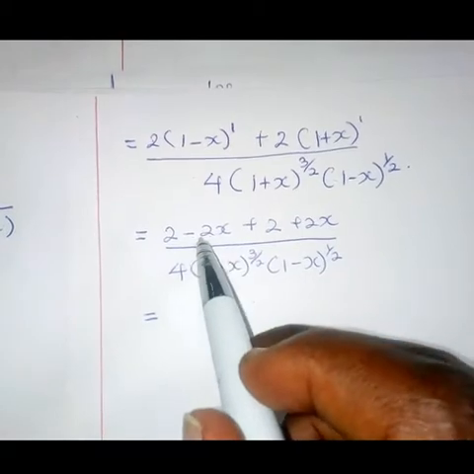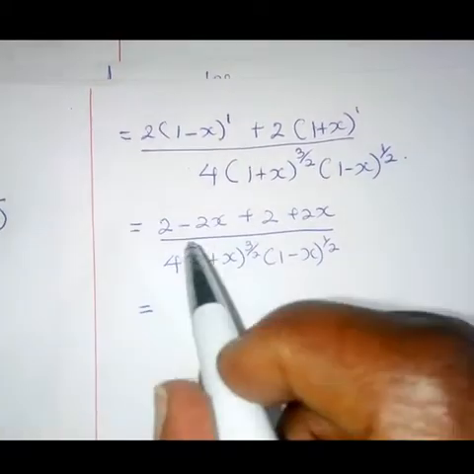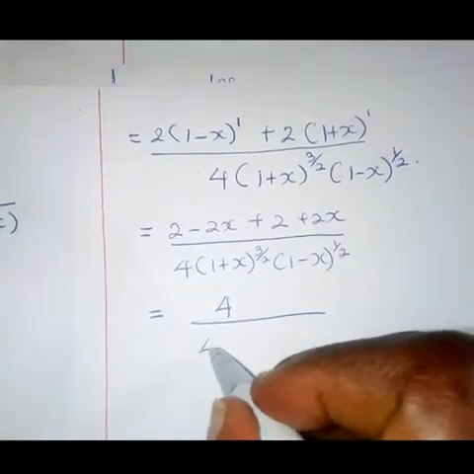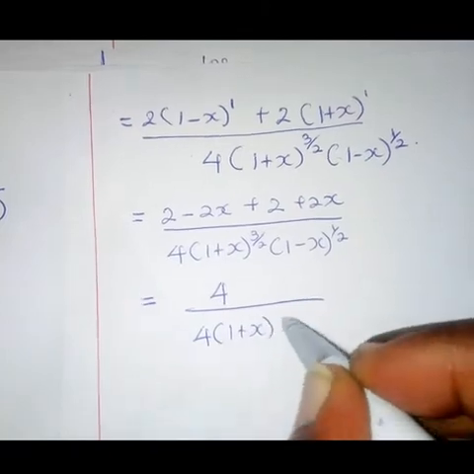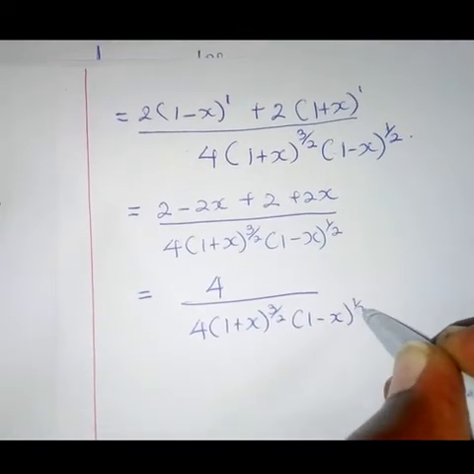So you realize that this and this are additive inverses, so they give us a 0. So 2 plus 2 gives us a 4 out of 4 into 1 plus x to the power 3 over 2, 1 minus x to the power a half.